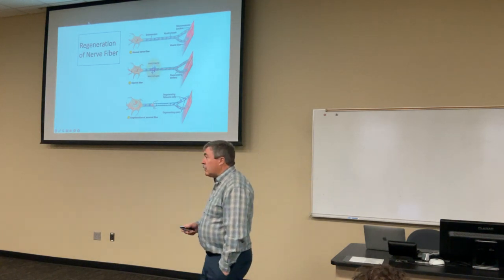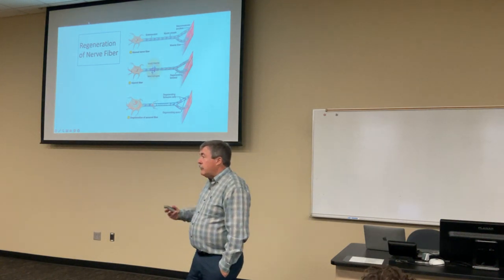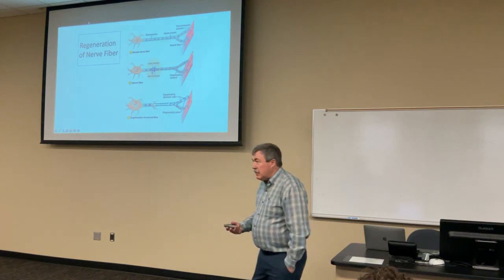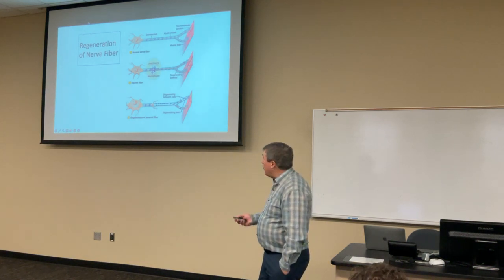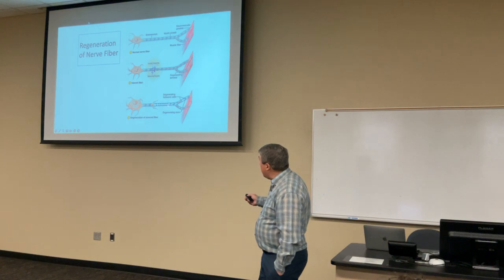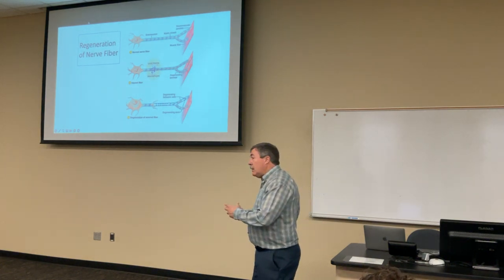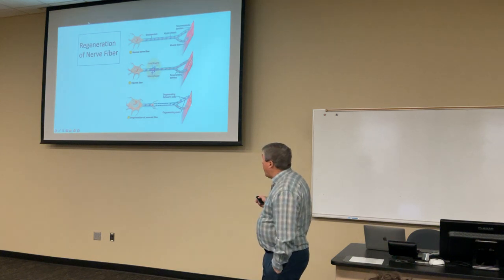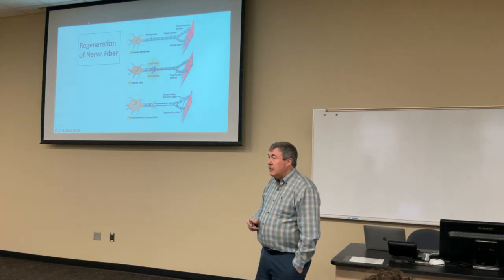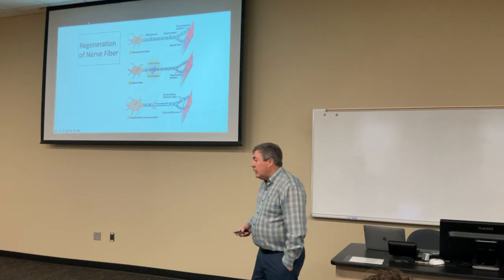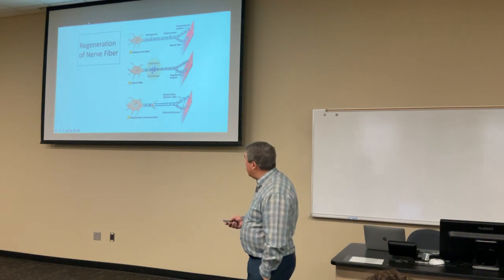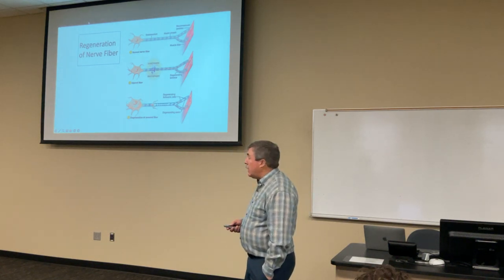It can no longer support itself if it's no longer being stimulated by neural impulses. But the neurolemma, which is made up of the Schwann cells and the endoneurium, will remain intact. Those are able to maintain themselves even if the nerve fiber is cut.